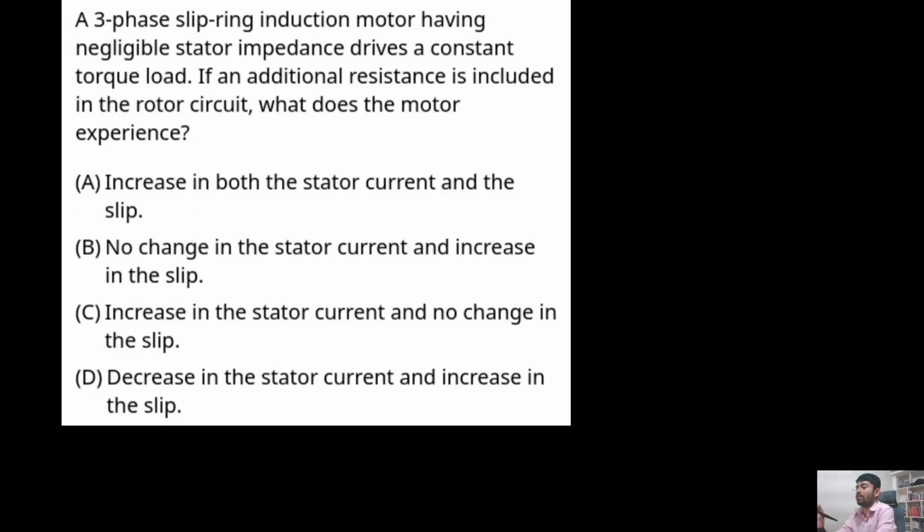A three-phase slip ring induction motor having negligible stator impedance drives a constant torque load. If an additional resistance is included in the rotor circuit, what does the motor experience?